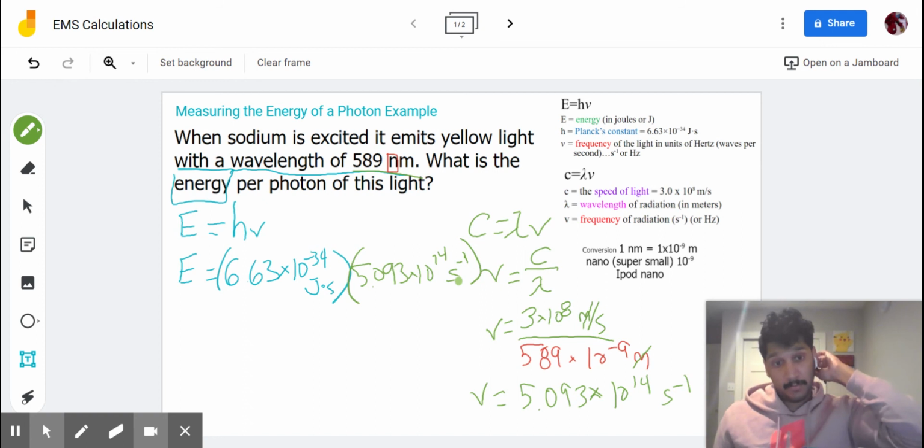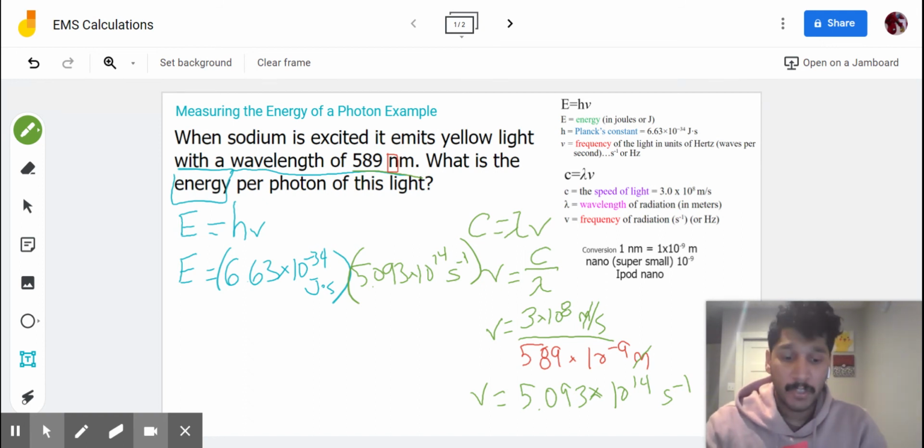All we're going to do is take that number, leaving it in my calculator, and multiply it by Planck's constant, 6.03 times 10 to the negative 34th joules per second.